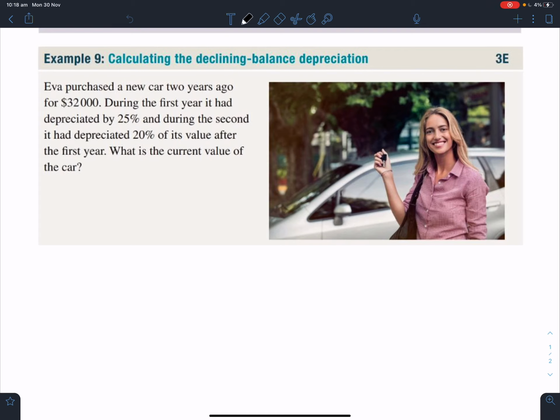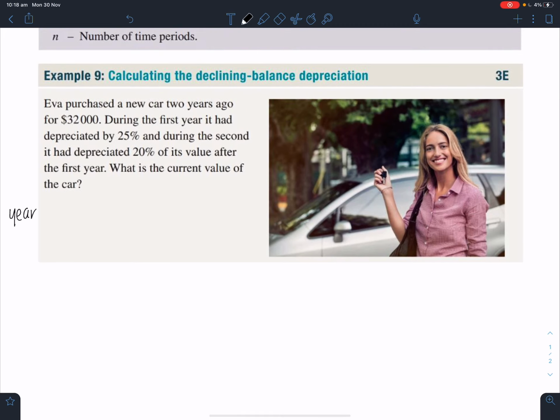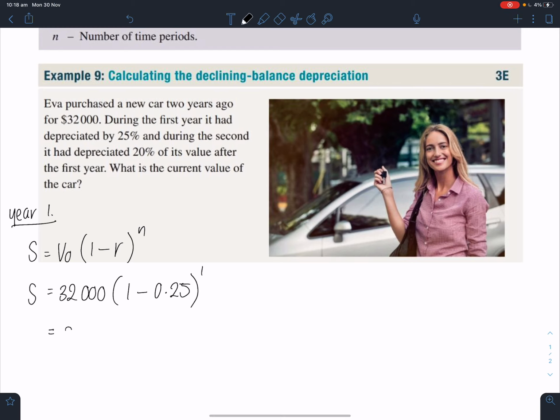For the first year, start with your formula, S equals V0 (1 minus R) to the power of N. S is what we're finding, the value. She purchased it for $32,000, 1 minus the rate is 0.25, and it's 1 year. Put that in a calculator: $24,000.